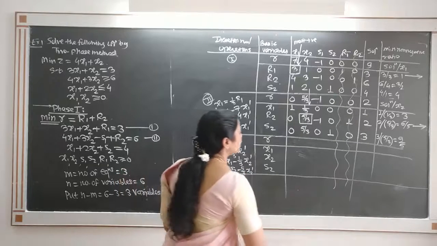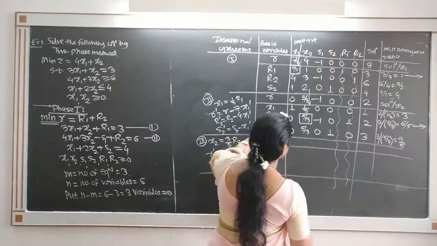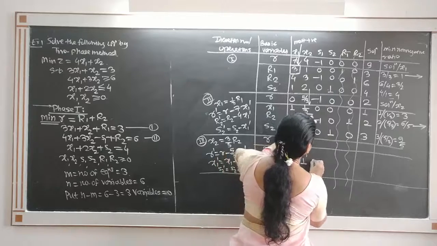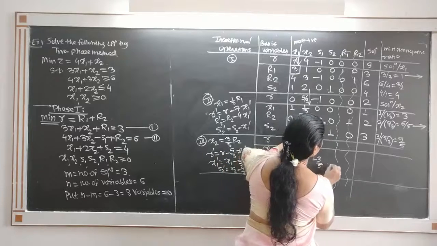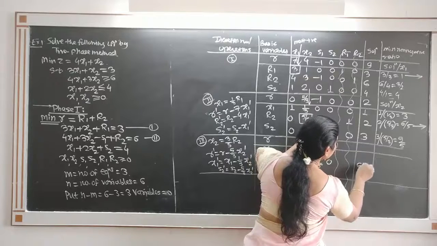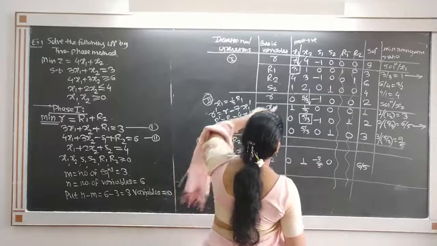So do the operations. We have 3 by 5 times this row. So 3 by 5 times gives 0, 3 by 5, 1, minus 3 by 5, 0, and 3 by 5 gives us 6 by 5.